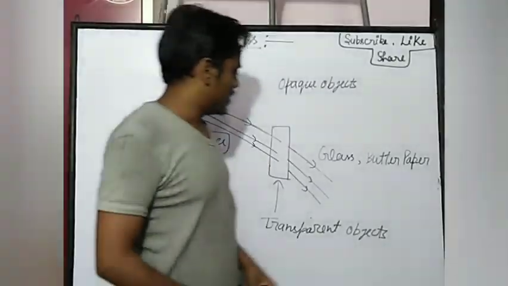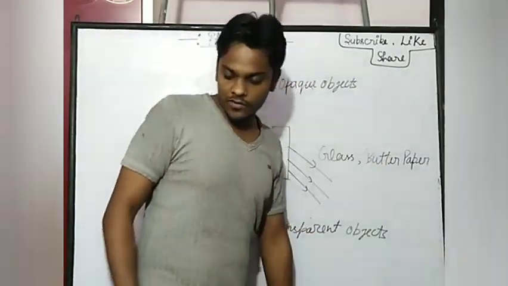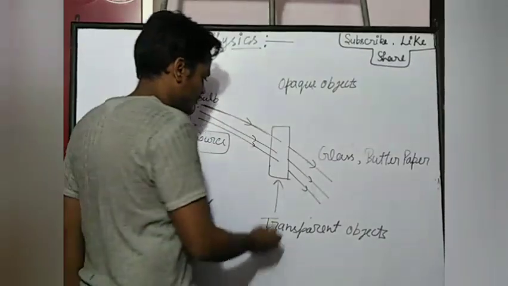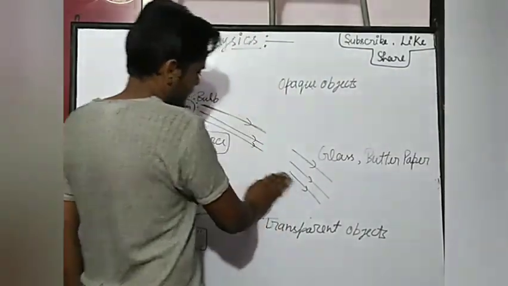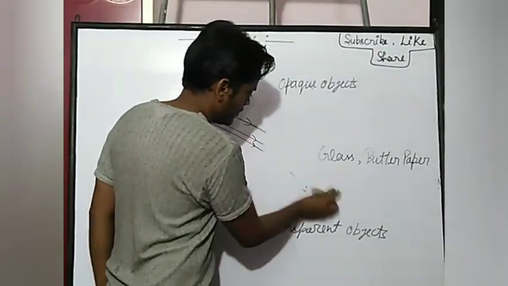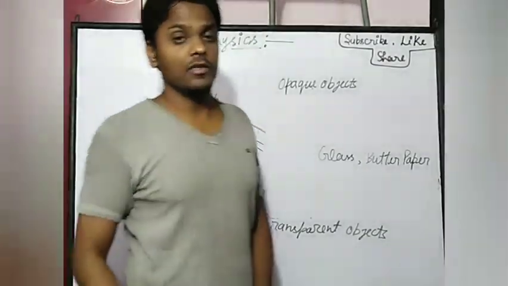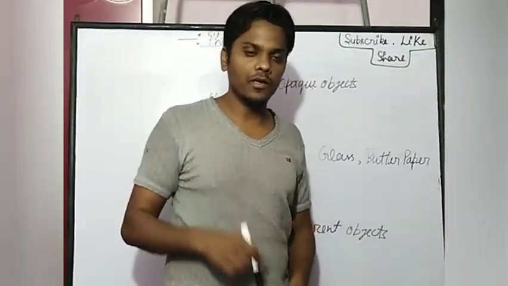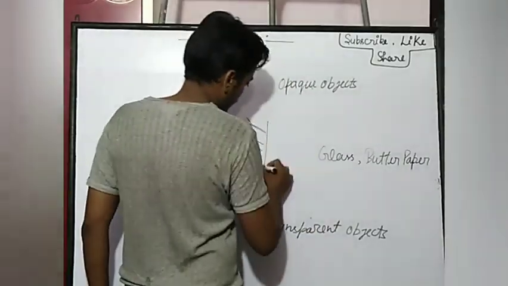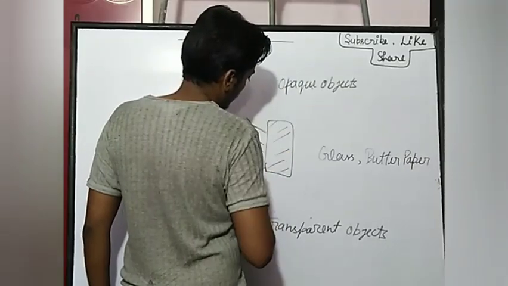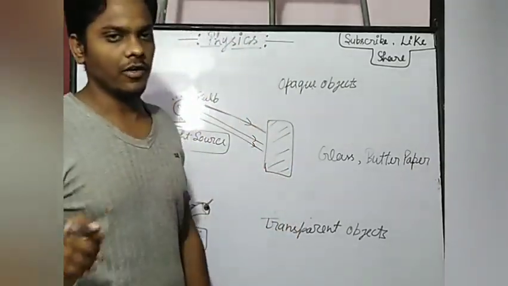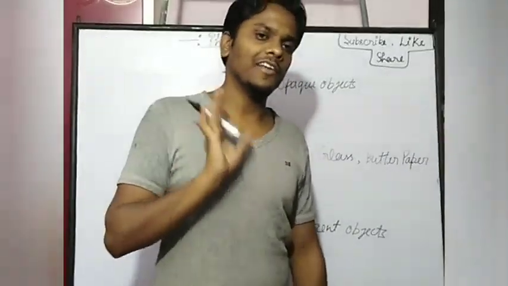Okay, after that, butter paper. You have seen it in your art copy. There is a butter paper, which is slightly transparent, not totally but slightly transparent.